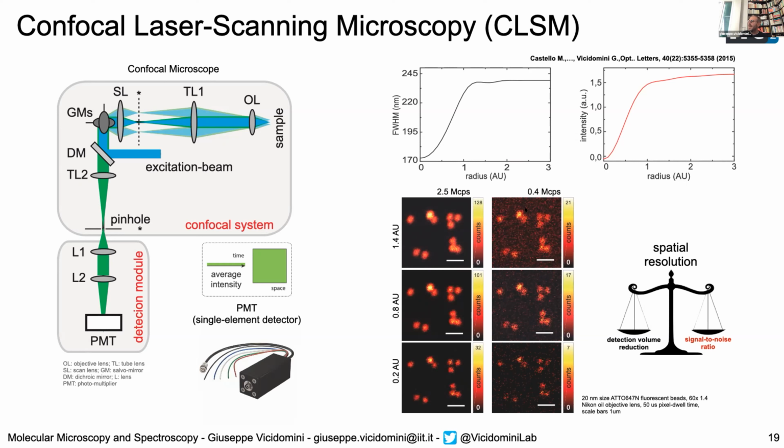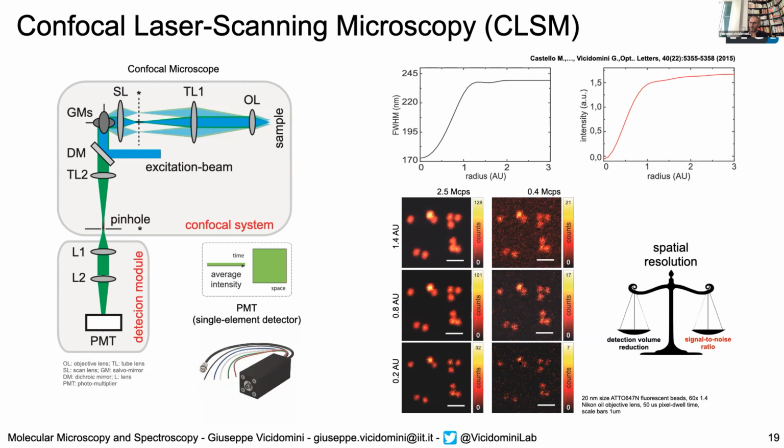In this case, where I have a much lower flux of photons, if you move from the top to the bottom, again because I'm closing the pinhole of the system, you will realize that when you close the pinhole, you end up with an image that is just noise, and thereby the improvement in resolution is no longer evident. That means that when you sit in front of a confocal microscope, you always need to choose between resolution and signal to noise ratio.